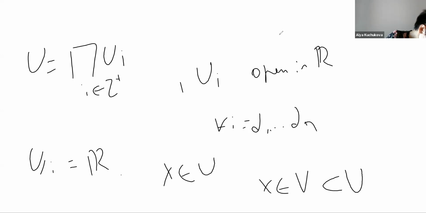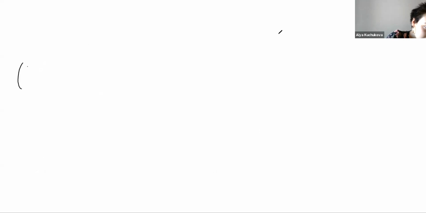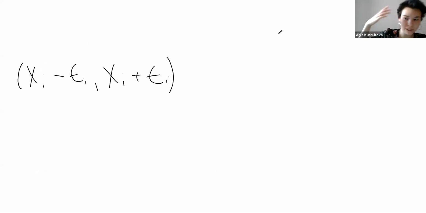And so what we do for that is we choose an interval (x_i − ε_i, x_i + ε_i), right? Oh, sorry, ε_i, because we're doing it for every index i, in R, centered about x_i. Okay, and so basically what we want is those ε_i's to be less or equal to 1.